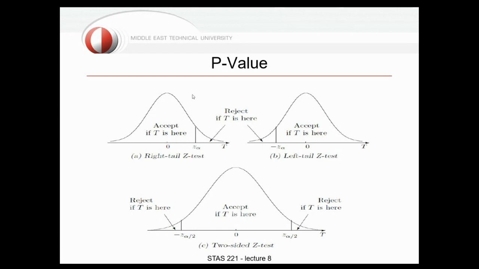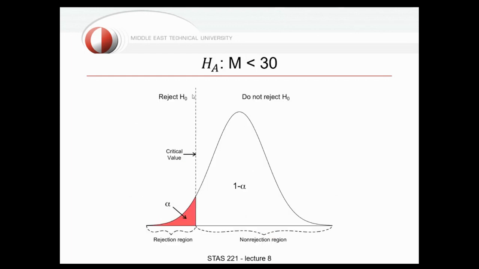So what's happening here? Whenever I talk about hypothesis testing using test statistic, then I'm talking about z alpha, which is here, and your test statistic. If it falls on the right side of it, for example, in this example, then we accept H0. If on the left side, then we reject it in this case.